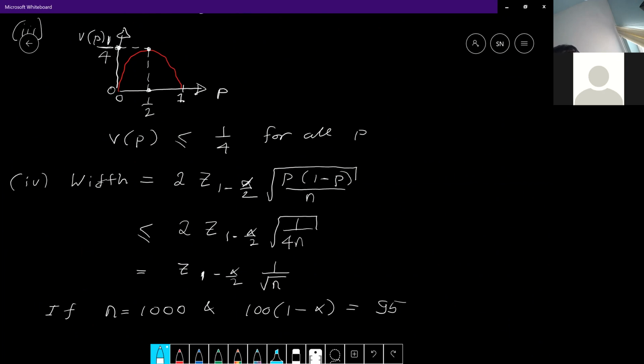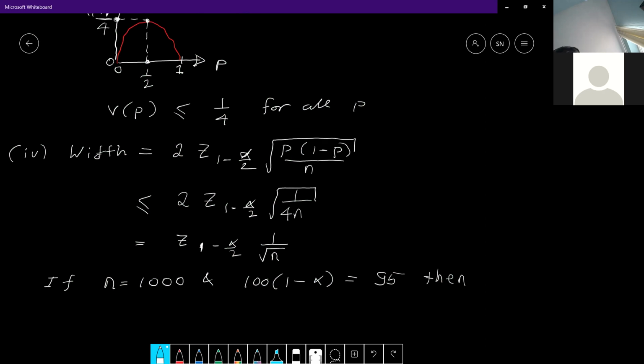All right, then the upper bound will be 100 times, alpha is 0.05, so that means 0.975 times 1 divided by the square root of 1000.